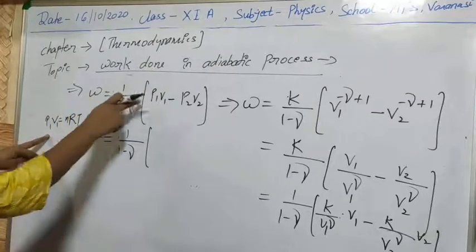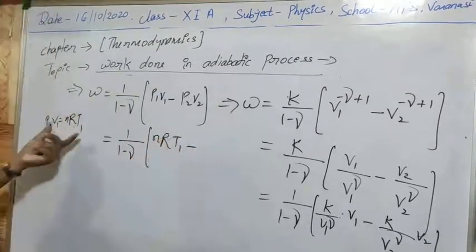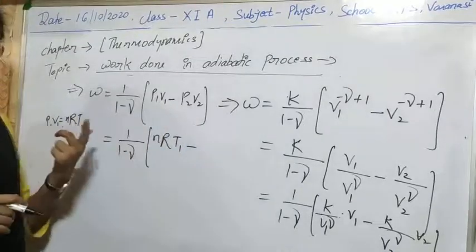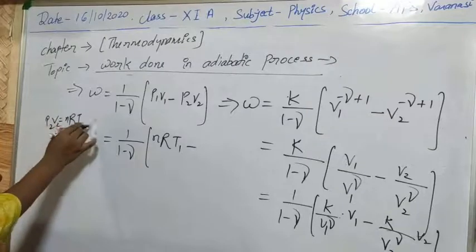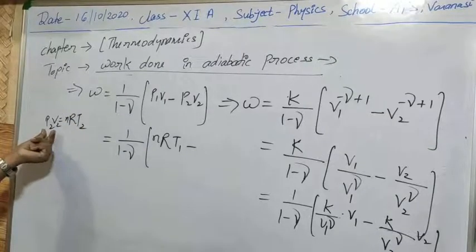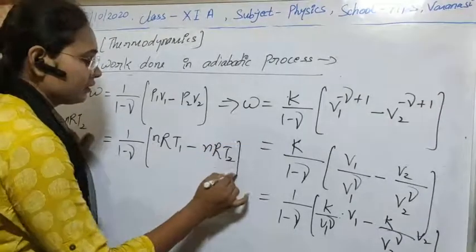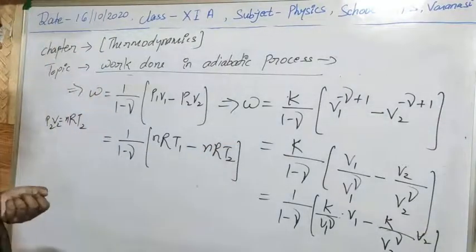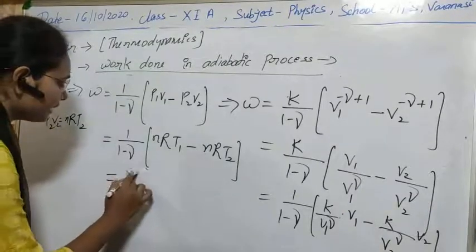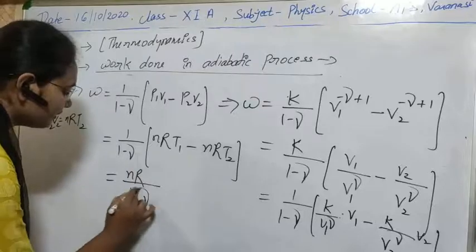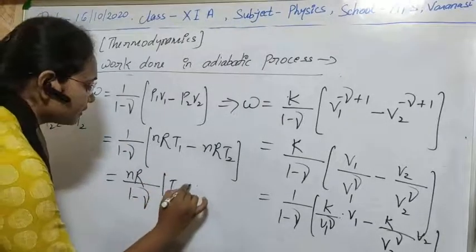So in place of P1 V1 we can write nRT1. Similarly, the final values after expansion are P2, V2 and T2. So in place of P2 V2 we can write nRT2. Clear? So after solving this, we can obtain nR upon 1 minus gamma times T1 minus T2.